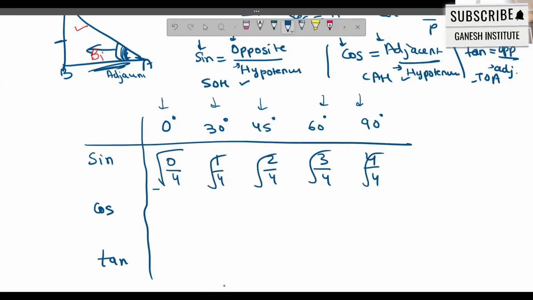So tell me, what is sine 0? It's going to be 0. Sine 30? Sine 30 is going to be 1 upon 2. Sine 45? Root 2 upon 2, that is 1 by root 2. Sine 60?